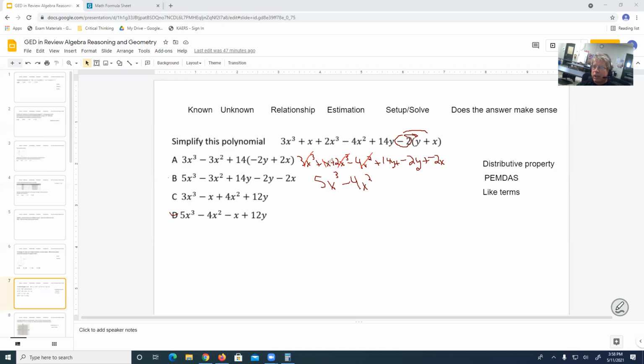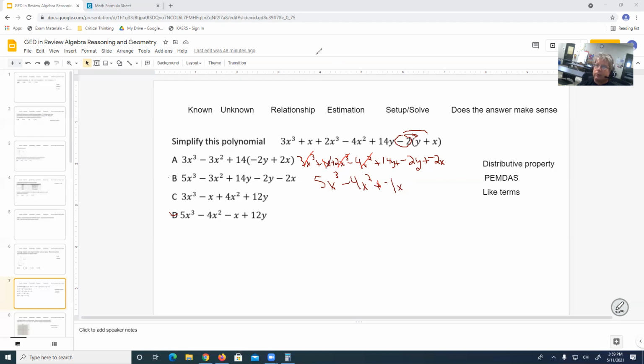So what you really got to do is add a 1 to a -2. And you can use the calculator if you need to. 1 plus -2 would still just be a -1. So it's going to be a plus a -1x. So that takes care of that term.